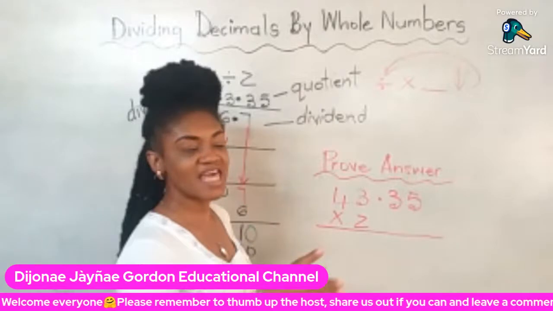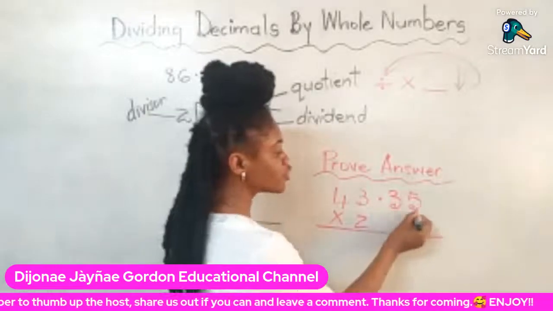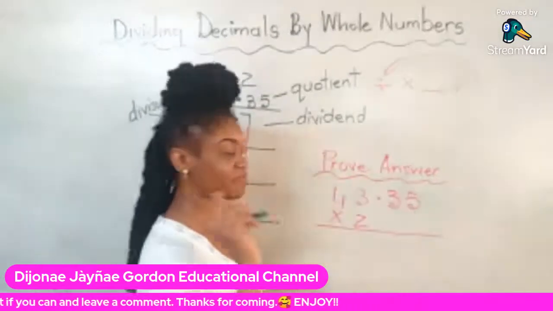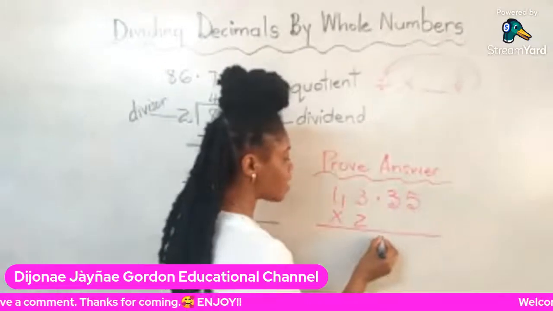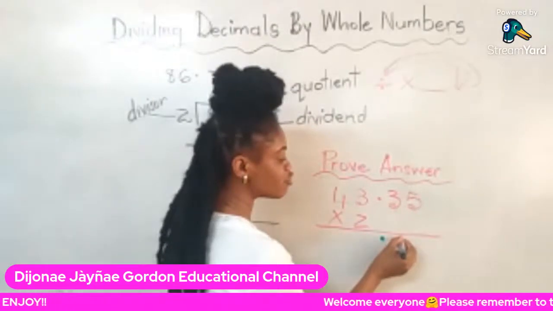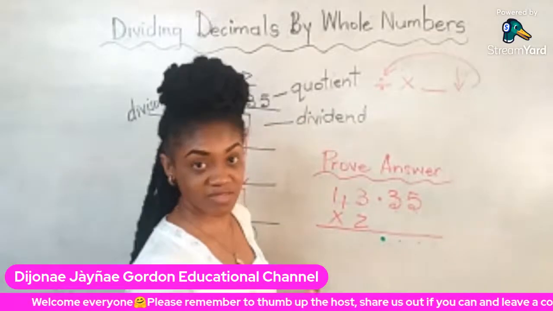That's the first thing you are going to do. And of course, we have 1, 2. We have 2 digits after your decimal place. So I'm going to put my decimal place down, and I'm going to put 2 dots, 1, 2, so that my digits can line up in rows and columns, right?